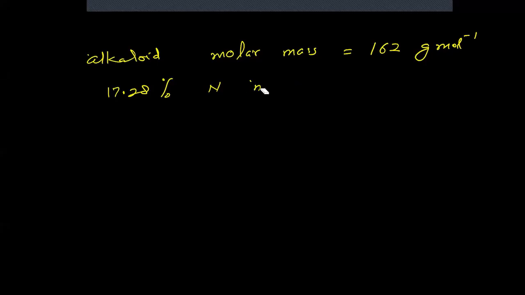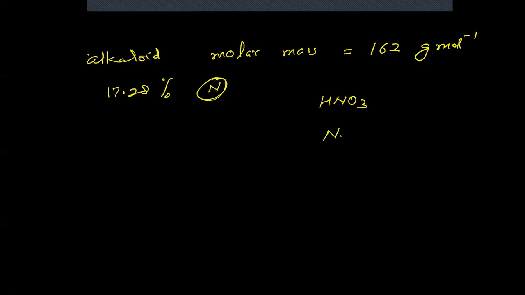Nitrogen you will consider as N because in a compound, nitrogen will be in atomic form. I told you when I explained the empirical formula that it is nothing but the ratio of the number of atoms or moles of atoms. For example, HNO3 means in 1 mole of HNO3, there will be 1 mole of nitrogen atoms.